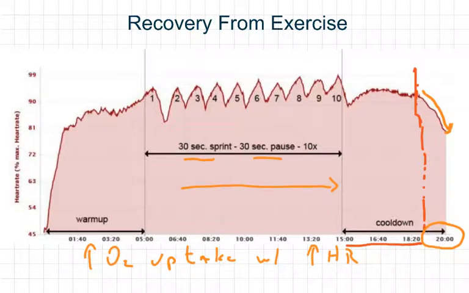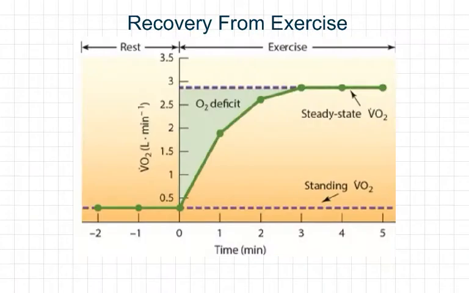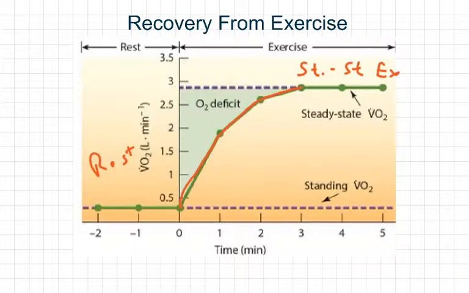And so why do we have this increased oxygen uptake after exercise? Well, the idea is that the body's repaying the O2 deficit at the onset of exercise. Again, going back to our graph that shows the oxygen deficit when we go from rest to steady state exercise, we have the oxygen deficit because it takes time for ATP supply to meet ATP demand.